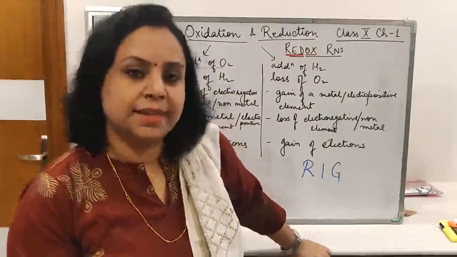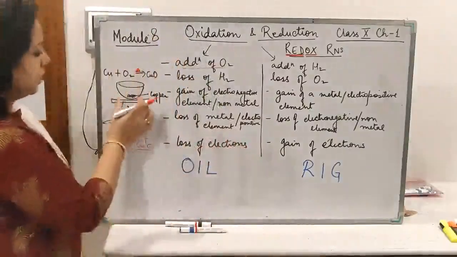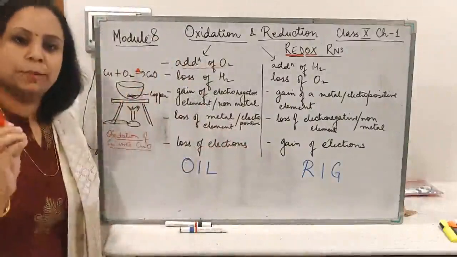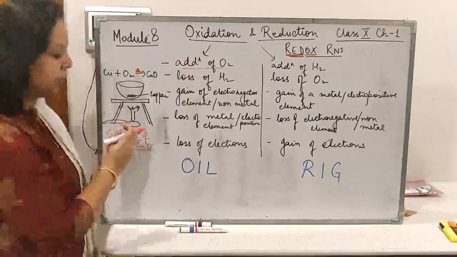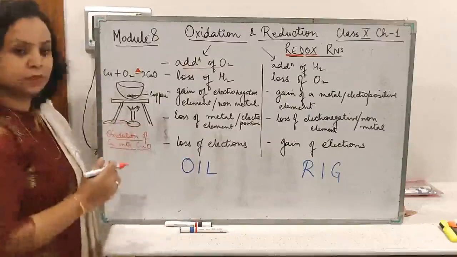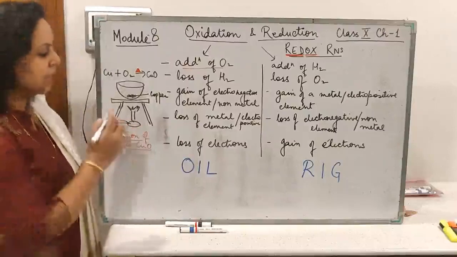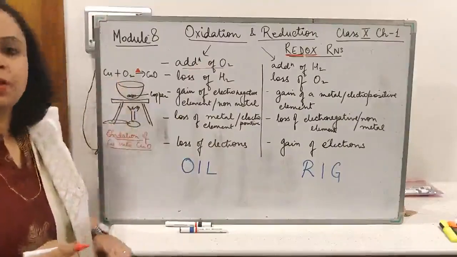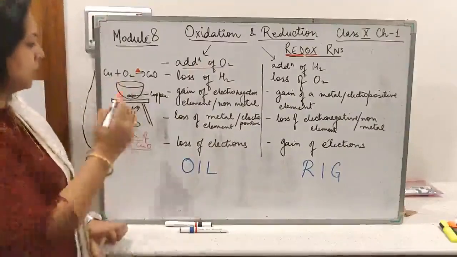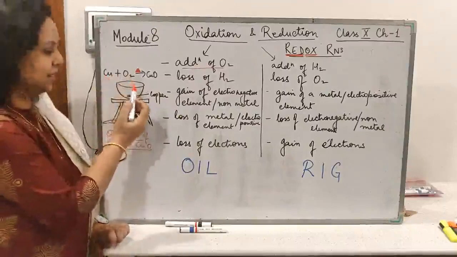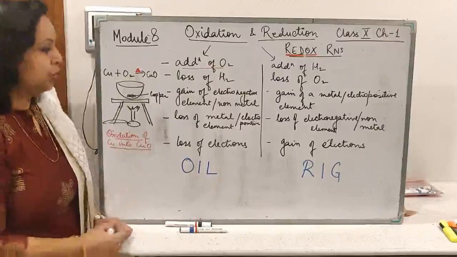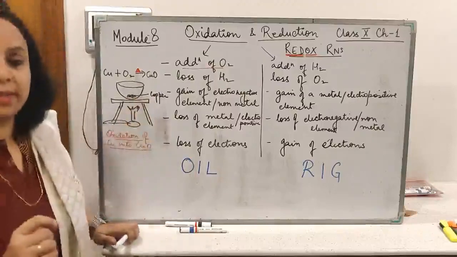Let us take a simple example. This is a small crucible in which I have taken a little copper metal. If I heat it with the help of a burner, after some time we will get copper oxide, because copper is combining with oxygen to form copper oxide.